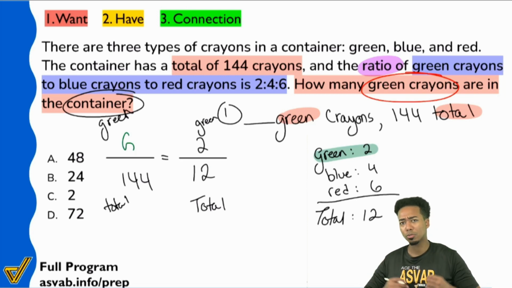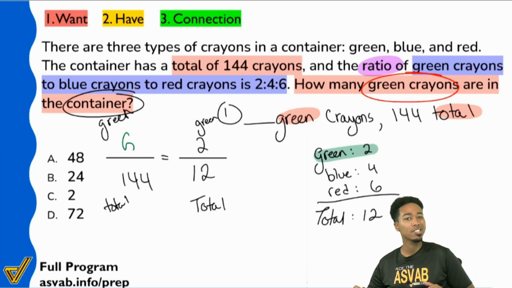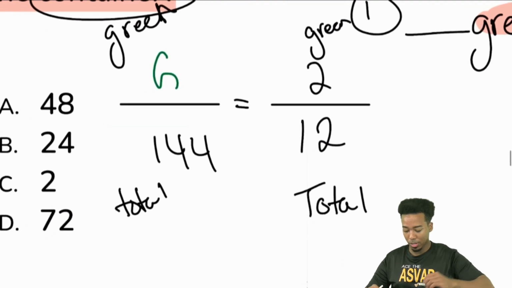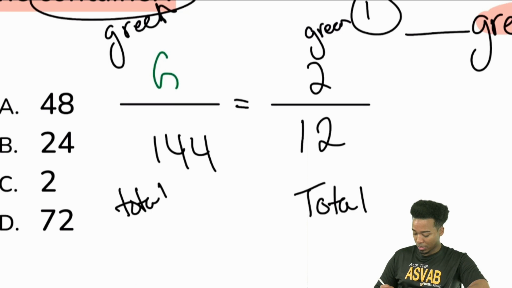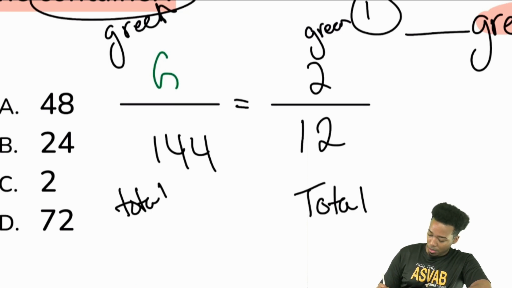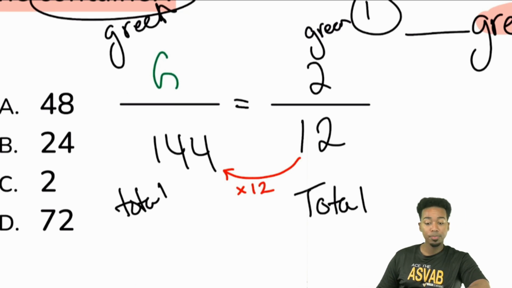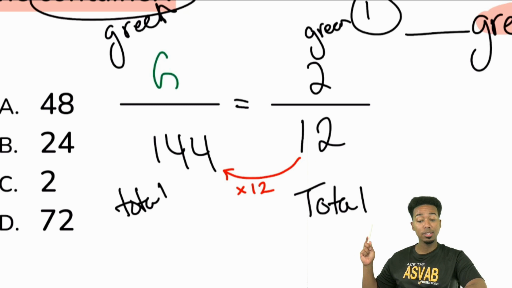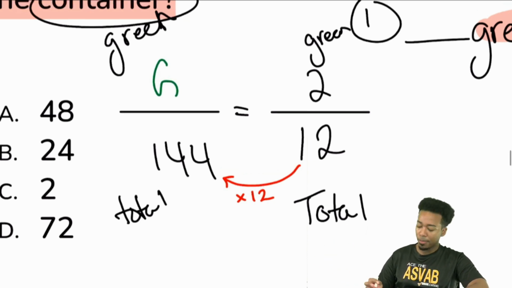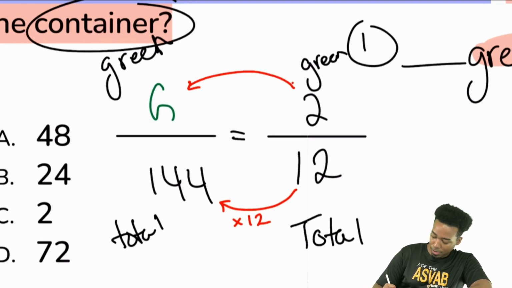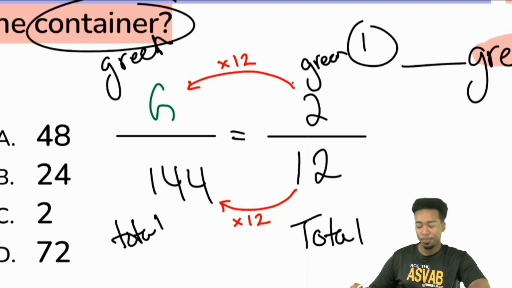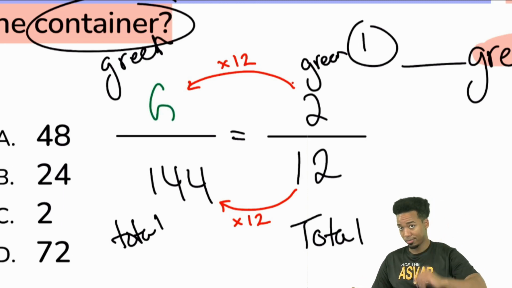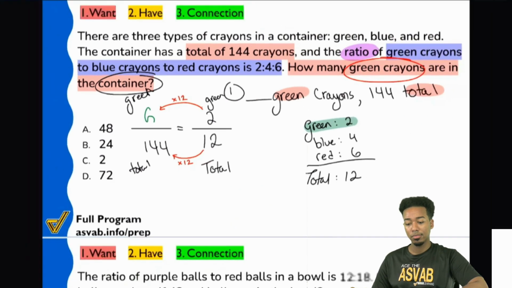We can cross multiply and divide, or we can use our compare the same things in the same way method, which will actually give us a much easier time, because if you take a look here, I can go from 12 to 144 by multiplying by 12. And if I'm comparing the same things in the same way, if I'm going to go from right to left, multiplying by 12, then I'm going to go from right to left, multiplying by 12. 2 times 12 is what? 24.